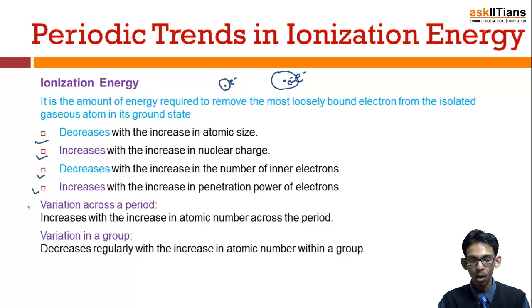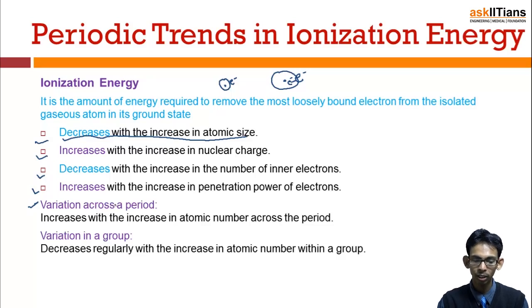Next is variation across a period. We now know that ionization energy depends highly on atomic size. Greater the size, less will be the ionization energy. Along a period atomic size decreases, and that's why ionization energy increases, while down the group size increases, and that's why ionization energy decreases.